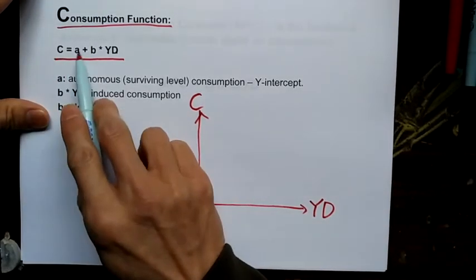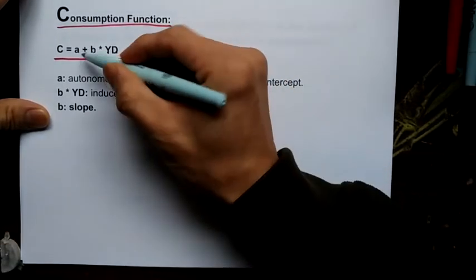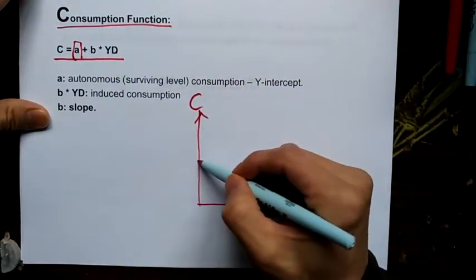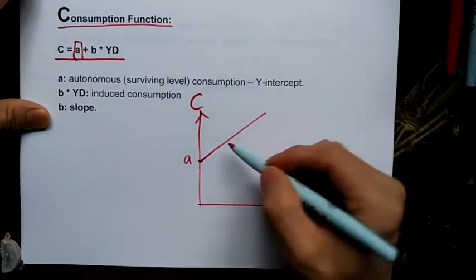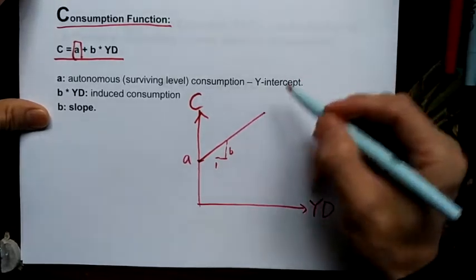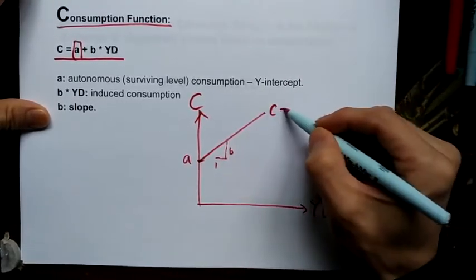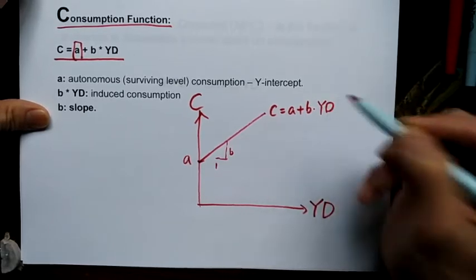So when C is A plus B times YD, the intercept is A. And the slope is B. Therefore, this function is C equal to A plus B times YD.